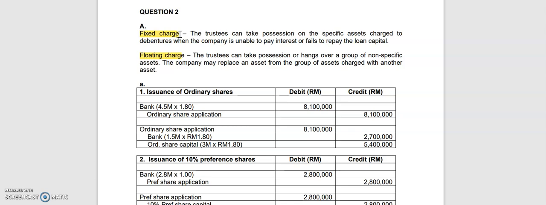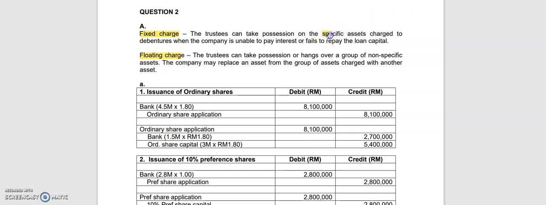Okay, because this item has been used as a guarantee for the loan. If the company fails to pay for the debt, then the trustee can take the asset possession, meaning they can take over the assets as a replacement for the unpaid loan. Okay, is that clear?